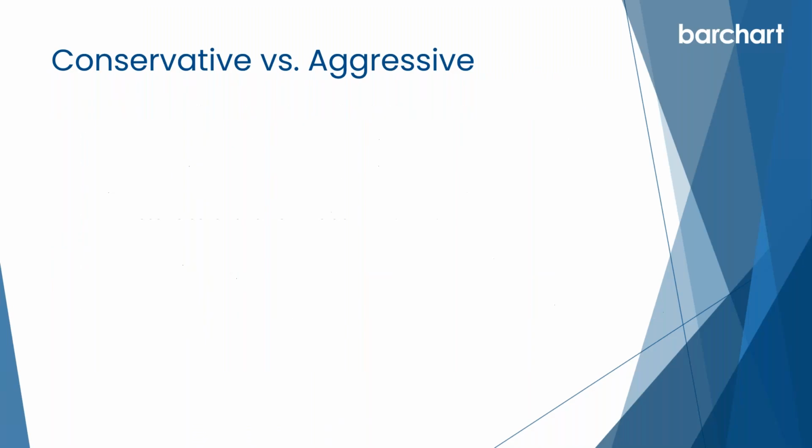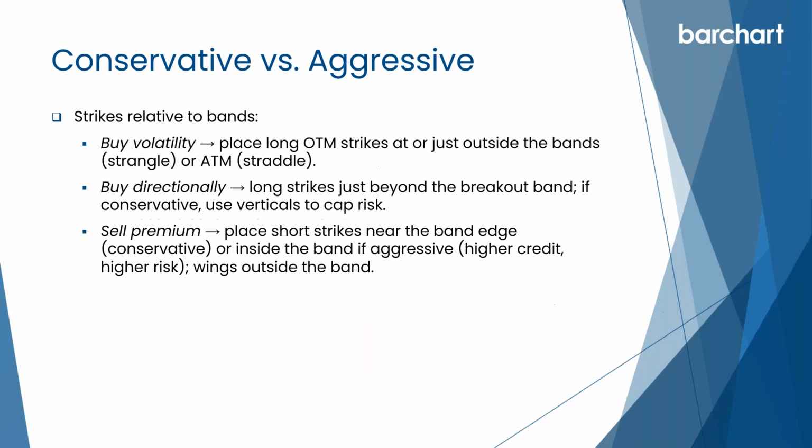All right. Another thought in terms of aggressive and conservative ideas is where we're going to put our strikes relative to our bands. If I'm buying volatility, I want to place my long out-of-the-money strikes at or just outside the bands for my strangles, or at the money for my straddles.